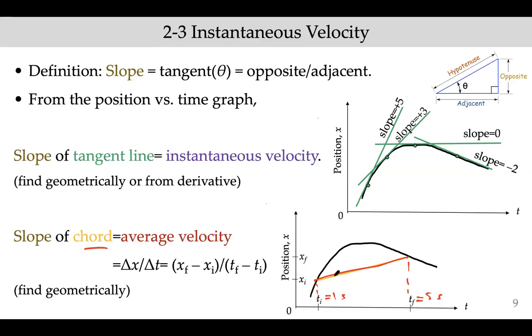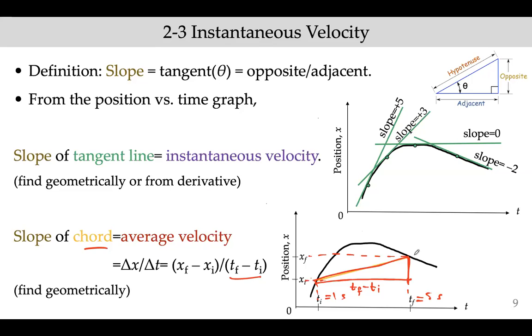Now the slope, you can use this triangle if you want. Okay, so the denominator would be t final minus t initial, right? This distance is t final minus t initial. What about the opposite? Well, the opposite would be, let's draw these lines.